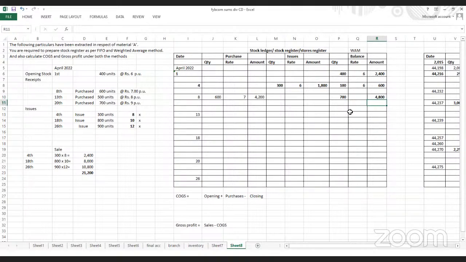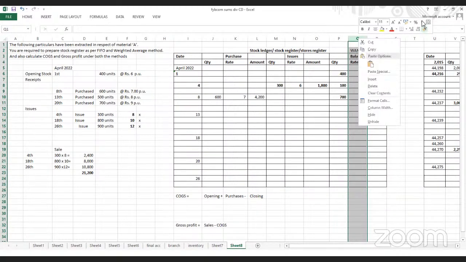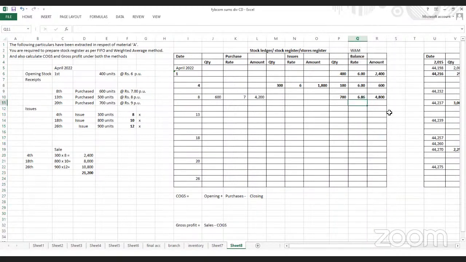Don't add rate. What you have to do is divide the amount calculated by units. That is 4,800 divided by 700 units. That's it. And just put a comma here so that you can see the decimal points also.